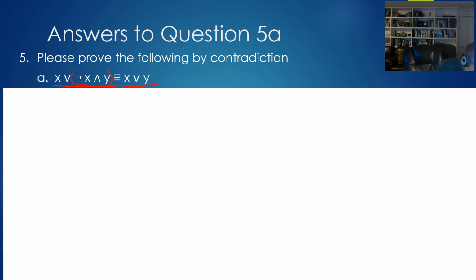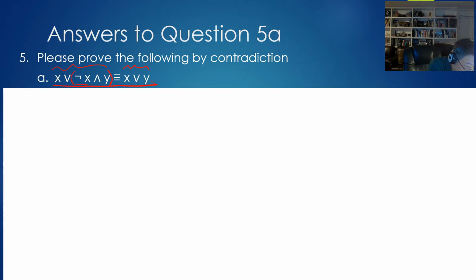Now, we want to prove that the left side is equivalent to the right side. That means for any values x and y, the left side is always the same as the right side.